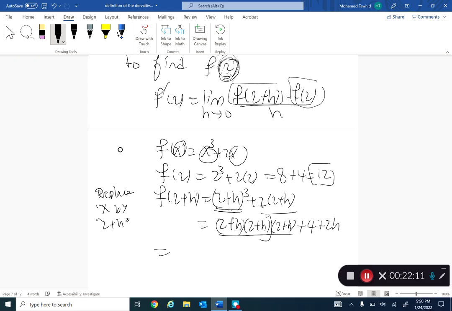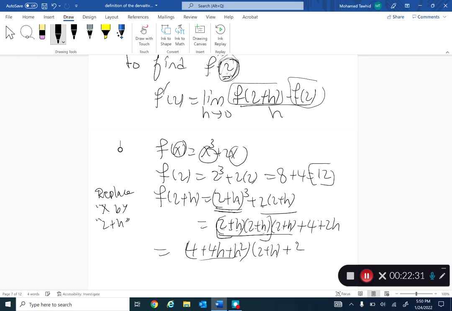I take the first two brackets; any two brackets, the first two or last two, are the same. So 2 plus h times 2 plus h gives 4 plus 4h plus h square. That is the first two brackets when I expand them. Multiply by 2 plus h.